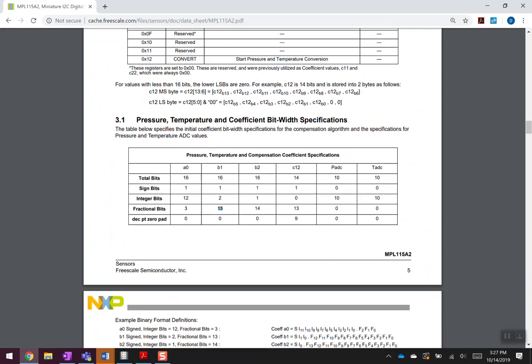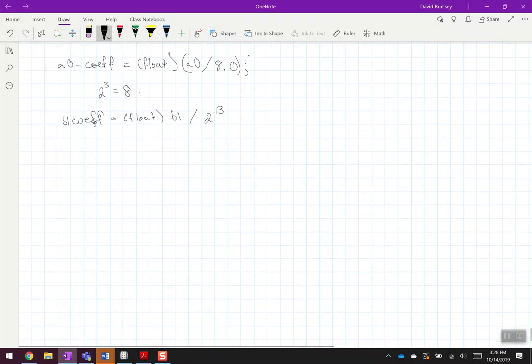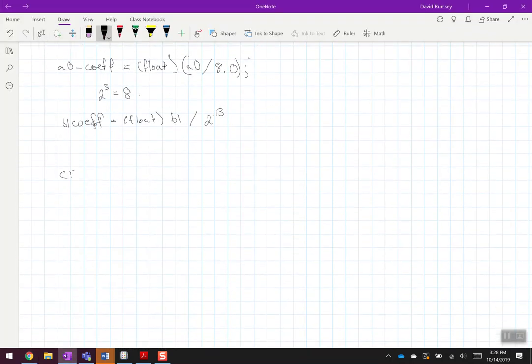Now, what's interesting for C12 is C12 has no integer bits, 13 fractional bits, and 9 decimal point 0 pad. So what that is saying here is, if you're wanting to think about how this data looks for C12, there's 1, 2, 3, 4, 5, 6, 7, 8, 9 0 pads here.